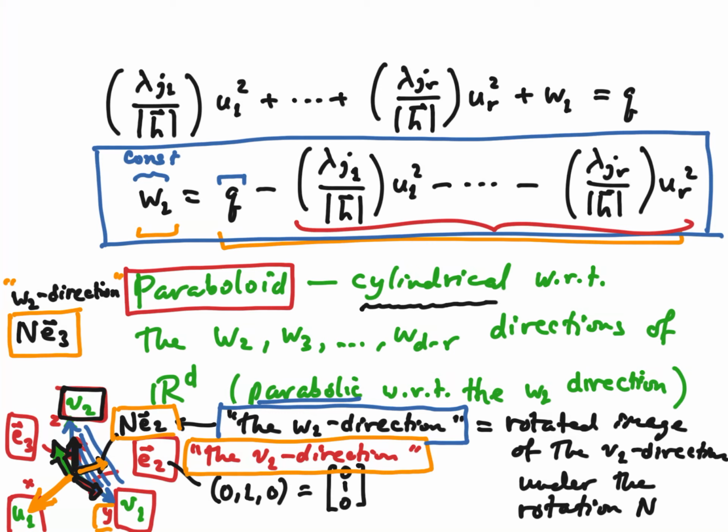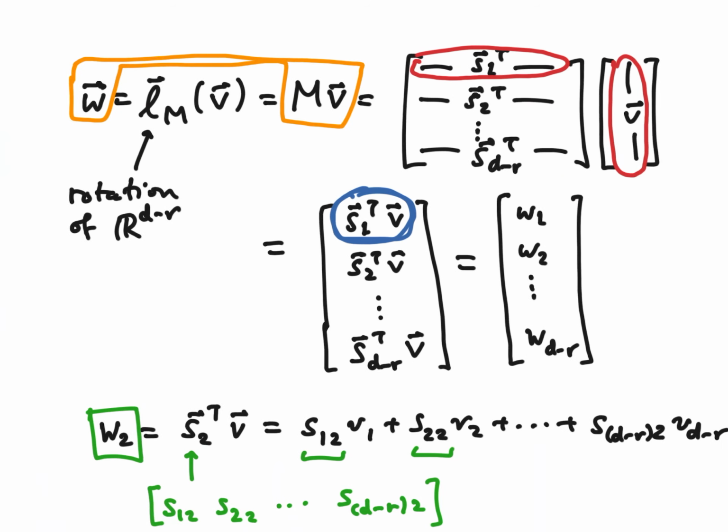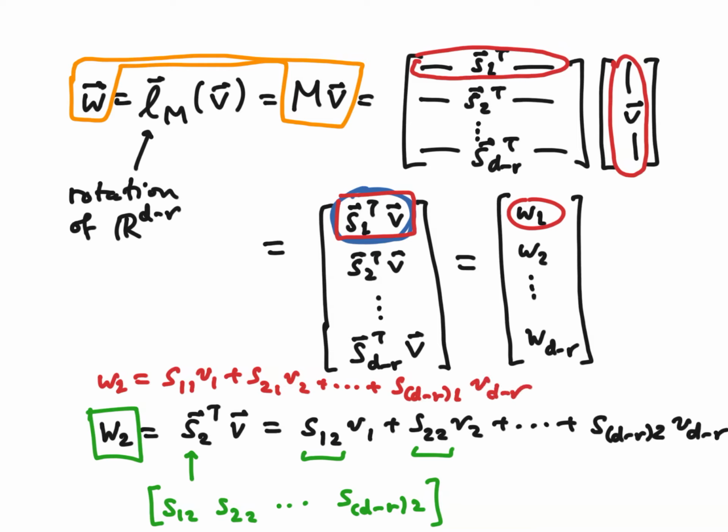Now what that looks like geometrically, you have to remember that w1 is actually some linear combination of the v's. You can see it here. w1 is this linear combination of the v's. It's going to be like s11 v1 plus s21 v2 plus s d minus r 1 v d minus r. So it's just some specific linear combination of the v's.